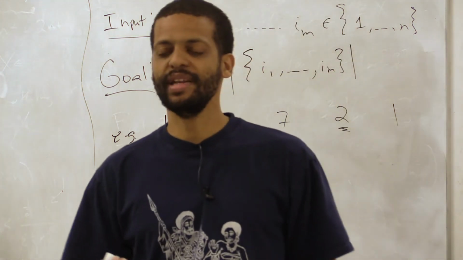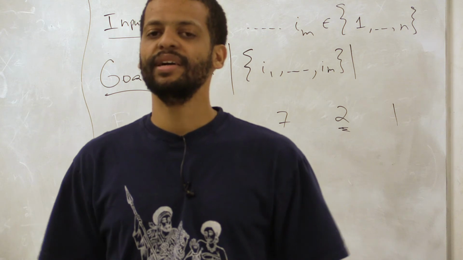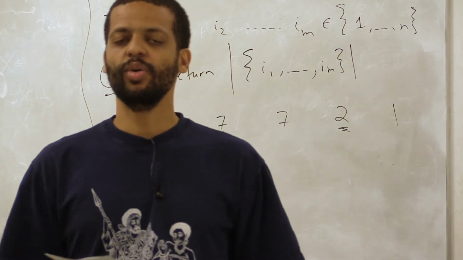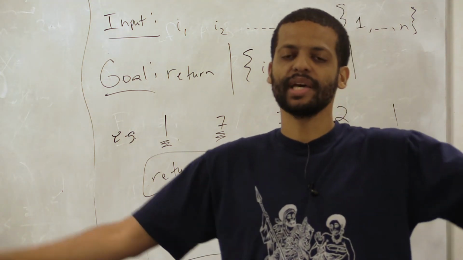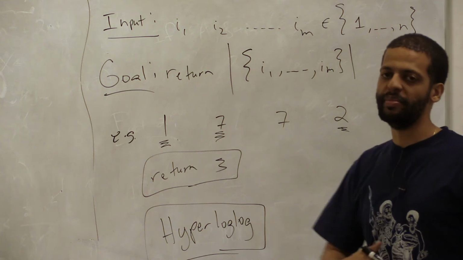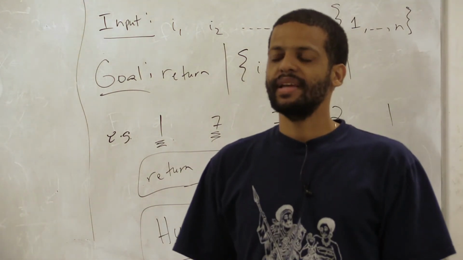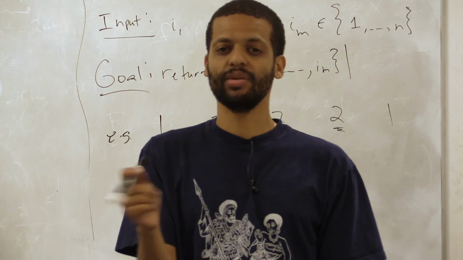Naively, you might need to remember all m things. That would take m memory. I want to get away with something like log m memory. Or naively, I could say there are only n possible numbers I could ever see, because all the numbers are between 1 and n. I'll just remember a bit vector of length n, and each bit will tell me, have I seen item i or not, 0 or 1?